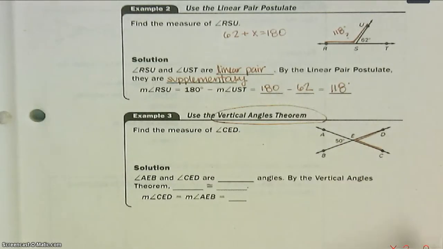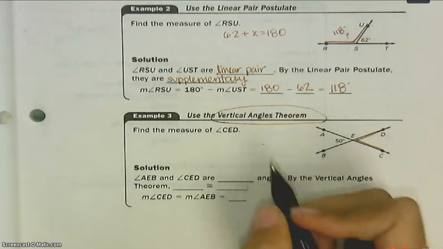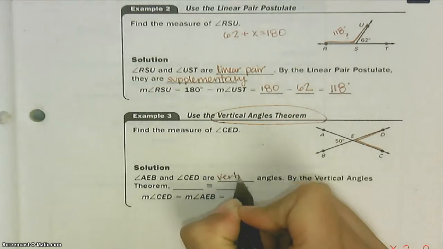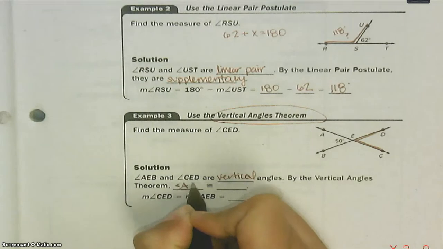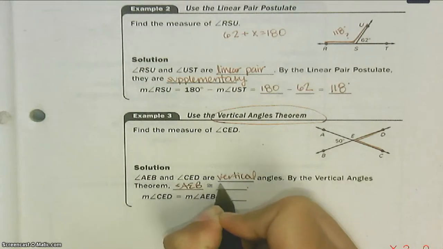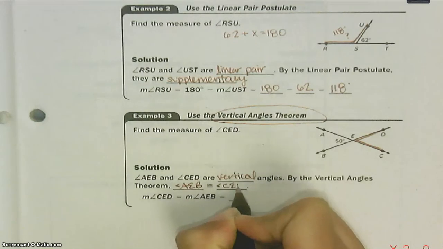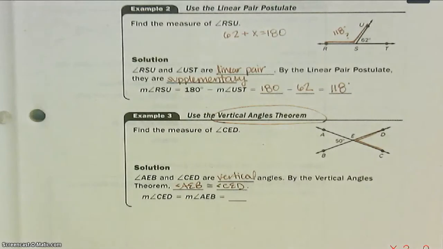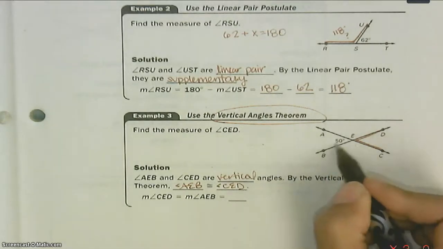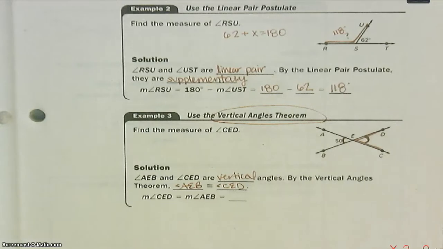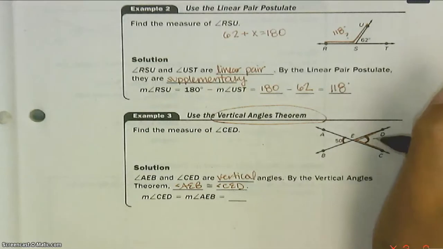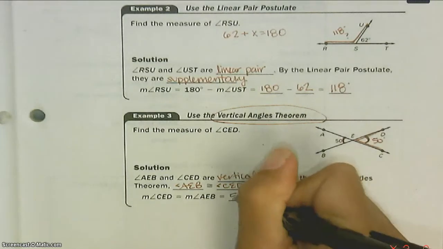And we know from our previous rule that vertical angles are congruent. Angle AEB is congruent to angle CED. Those are the angles we're talking about. AEB is right here. CED. Those two angles are the same, which means angle CED is 50 degrees.